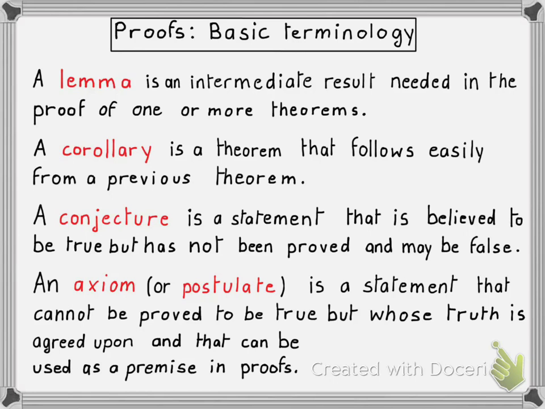So, conjectures and axioms are not theorems. A conjecture is not a theorem because it hasn't been proved, and an axiom isn't a theorem, even though it's true, because it cannot be proved. It's just an assumption that everybody agrees is true, and you can use it without having to prove it.